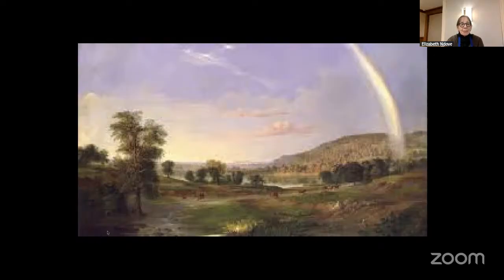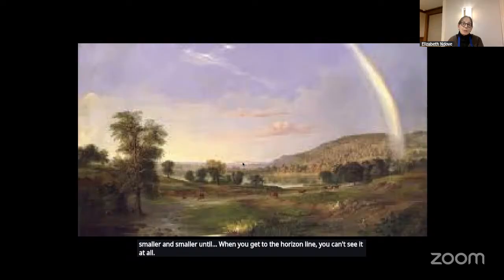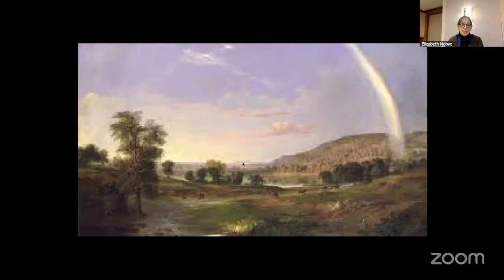And at the bottom, in the foreground here, the river is open wide, but as it meanders, as it moves back into space, it gets smaller and smaller and smaller until when you get to the horizon line, you can't see it at all. I hope that helps.